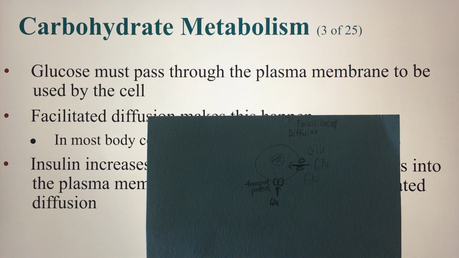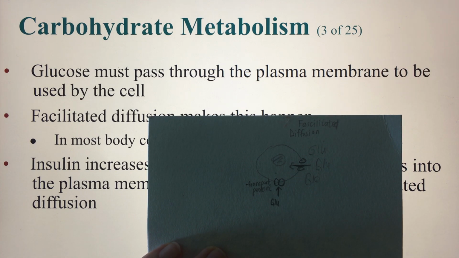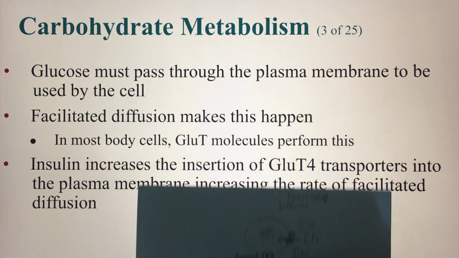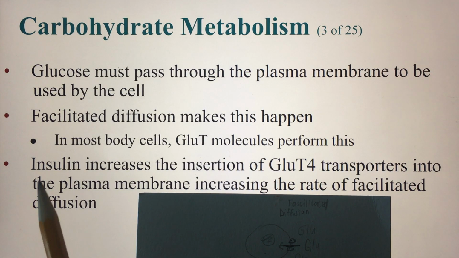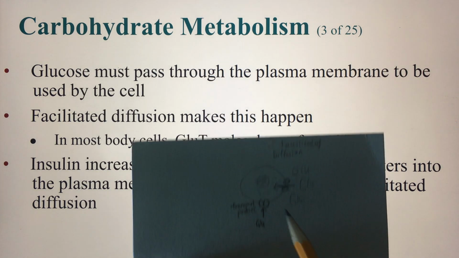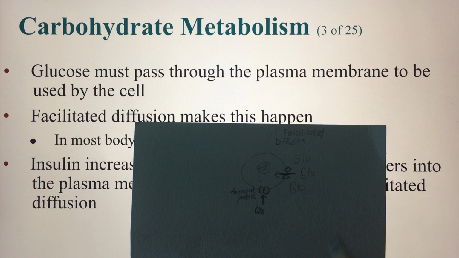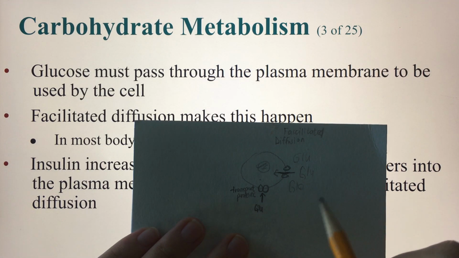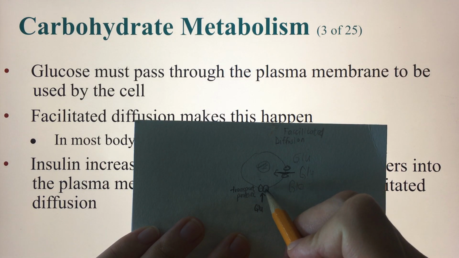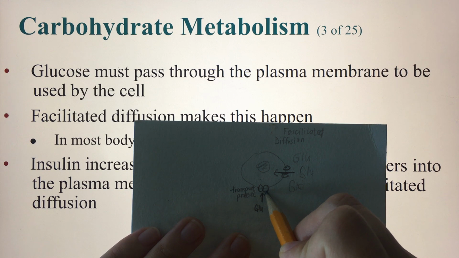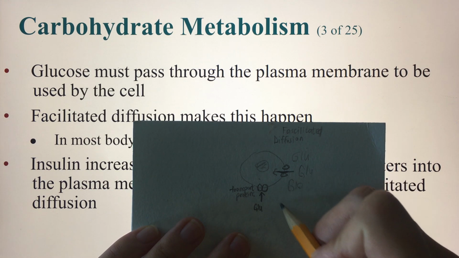And back to the transport proteins. The transport proteins remain closed on the cells, and what happens is that there's a hormone, insulin, and that's going to help these proteins open up. So in order for this protein gateway to open, we need the hormone insulin.